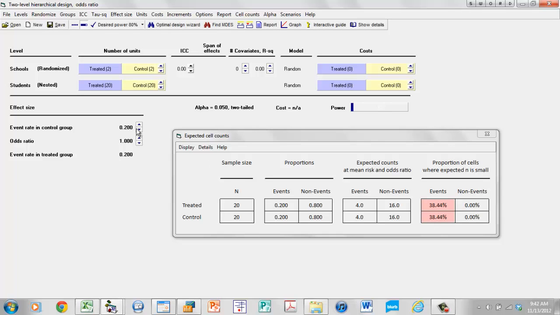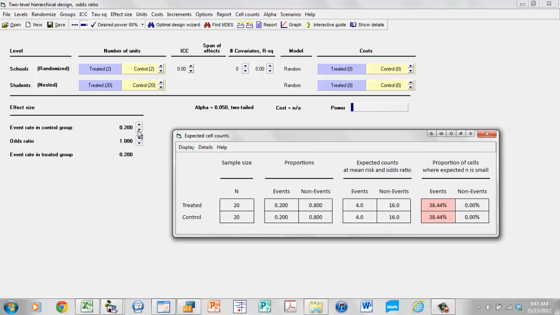In fact, if we set the event rate so that the expected number of events is about 3 and a half, you can see that about half of the schools are expected to have cell counts of less than 3.5, which of course makes perfect sense. Let me bring this back to 0.20.